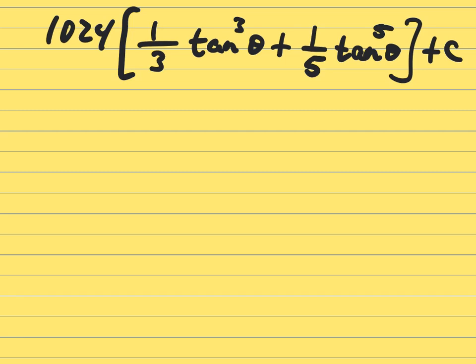Okay, so now we're back in our trig terms instead of u. Let's remember the very original substitution was 4 secant theta. So x over 4 is equal to secant theta.